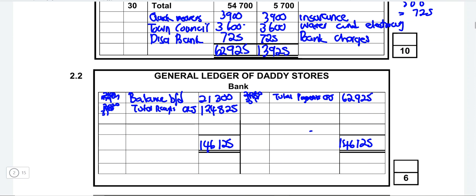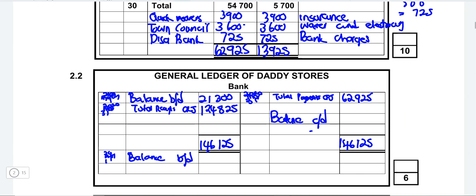146,125. Then remember, we are going to have a balance carried down this side on the 31st, okay, which will become on 2020 April the 1st, our balance brought down, the same amount that you get here.